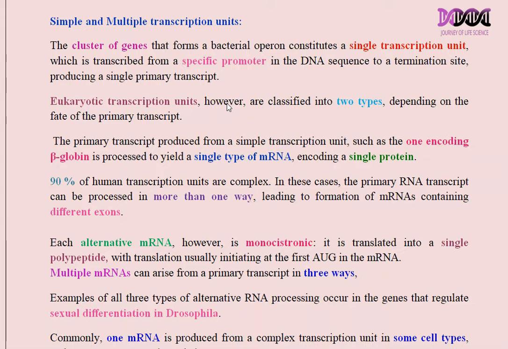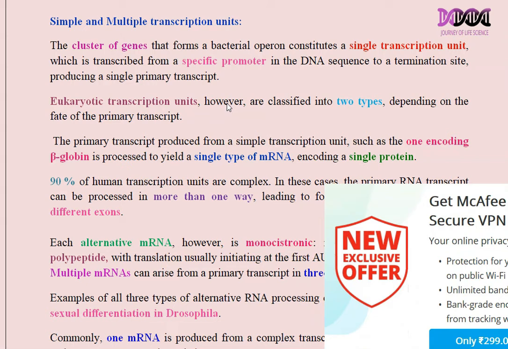These introns are non-coding sequences which are not useful for translation. So in eukaryotes, after transcription we first get an mRNA called the primary transcript. That primary transcript undergoes post-transcriptional modifications such as capping, splicing and polyadenylation, and finally becomes the mature mRNA.